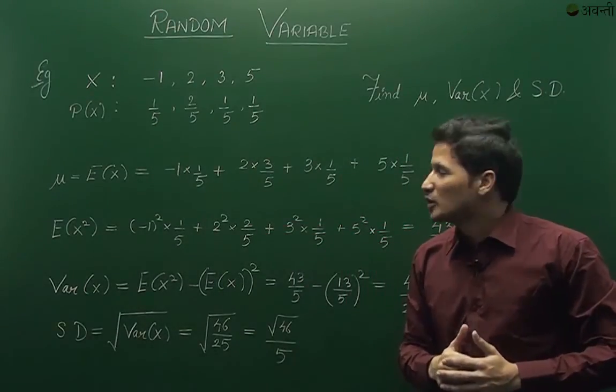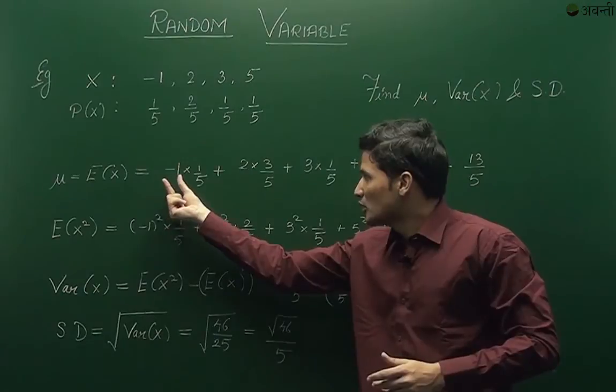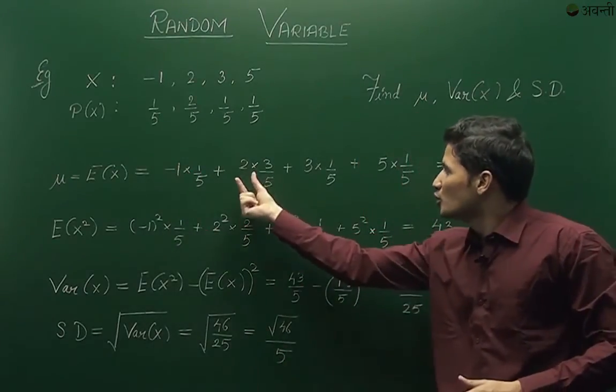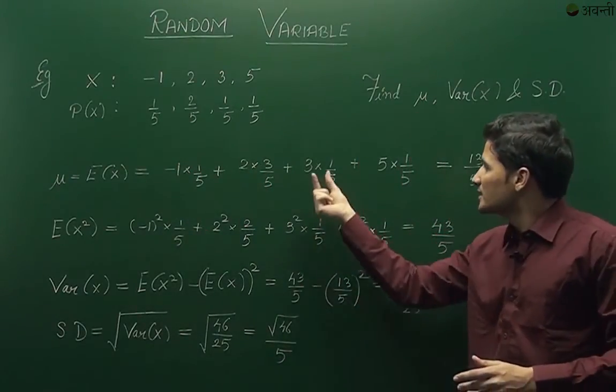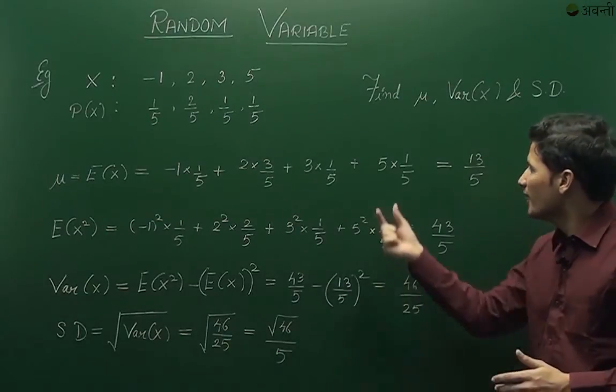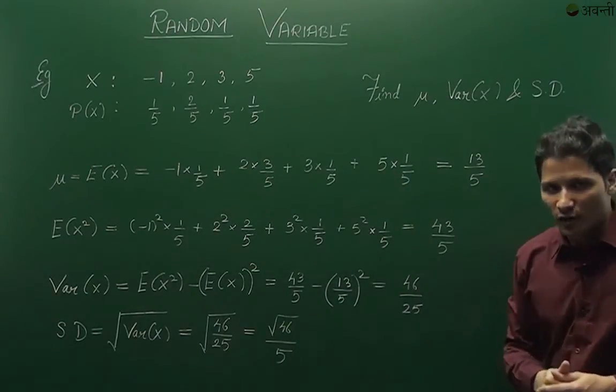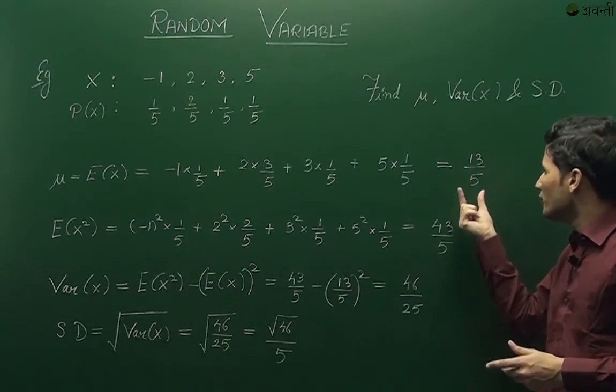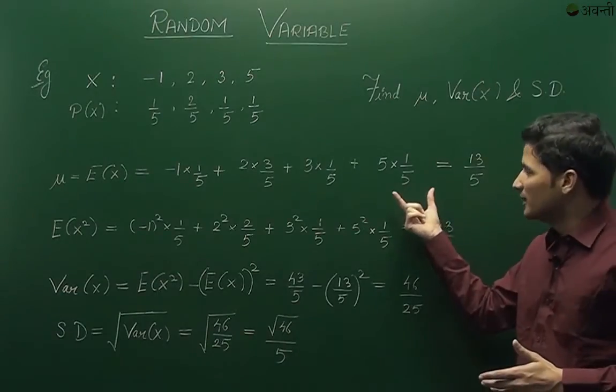So mean value will be equals to -1 into 1/5 plus 2 into 2/5 plus 3 into 1/5 and finally 5 into 1/5, and from here we get 13/5. So this is the value of mean.